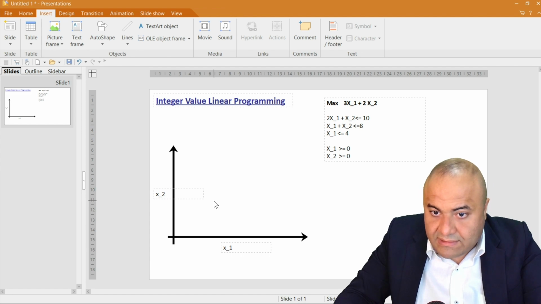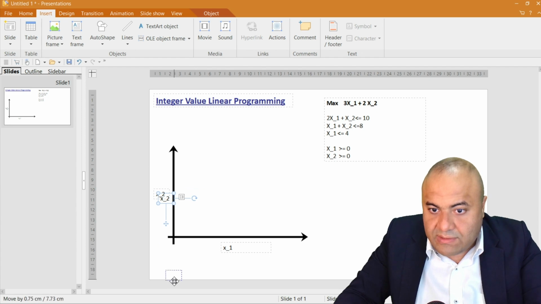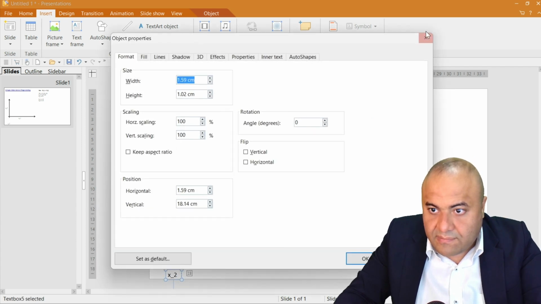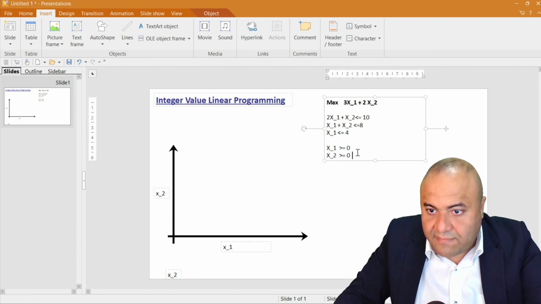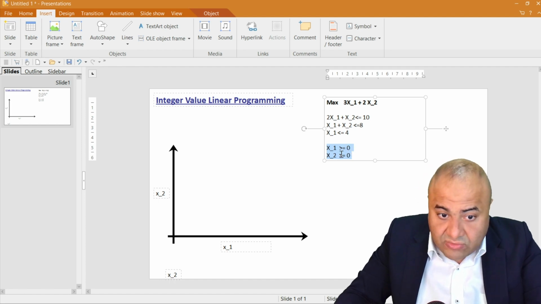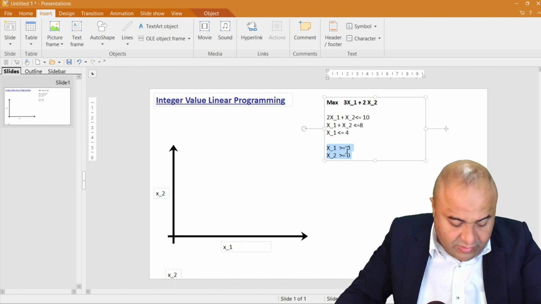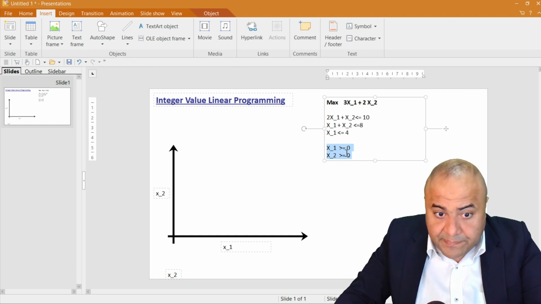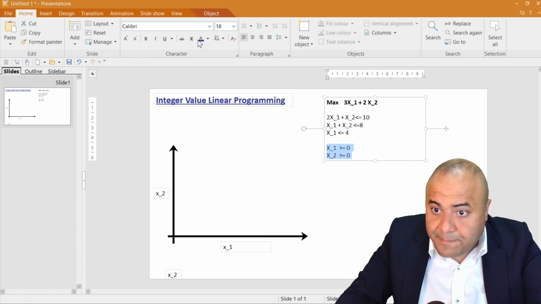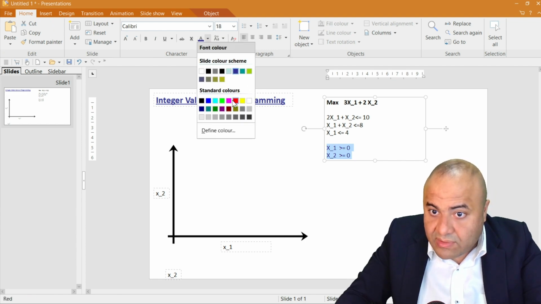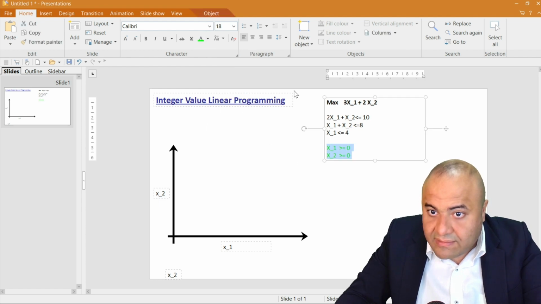So this line is x1, this line is x2, and what we want to do is, first we have these two. x1 is more than 0, x2 is also more than 0, and these two have been satisfied. So we can mark them as, let's say, green, or this blue.